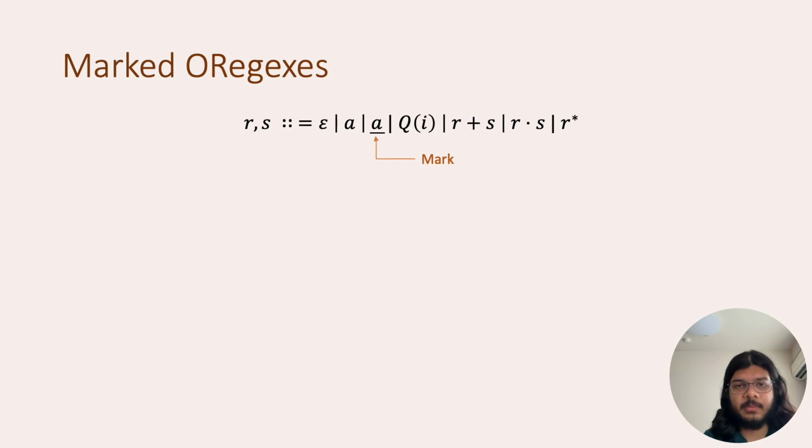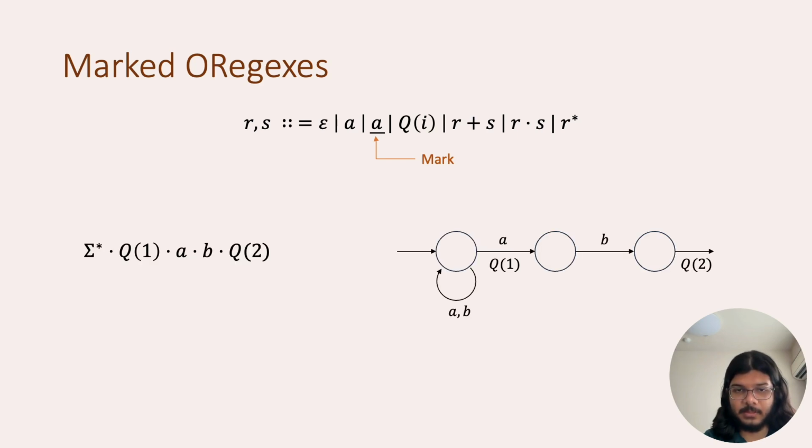We illustrate the main idea behind marked expressions with the help of an example. The NFA on the right corresponds to the O regex on the left. Notice that this NFA has certain transitions which are guarded with oracle queries. These transitions are enabled only if the guards are satisfied.